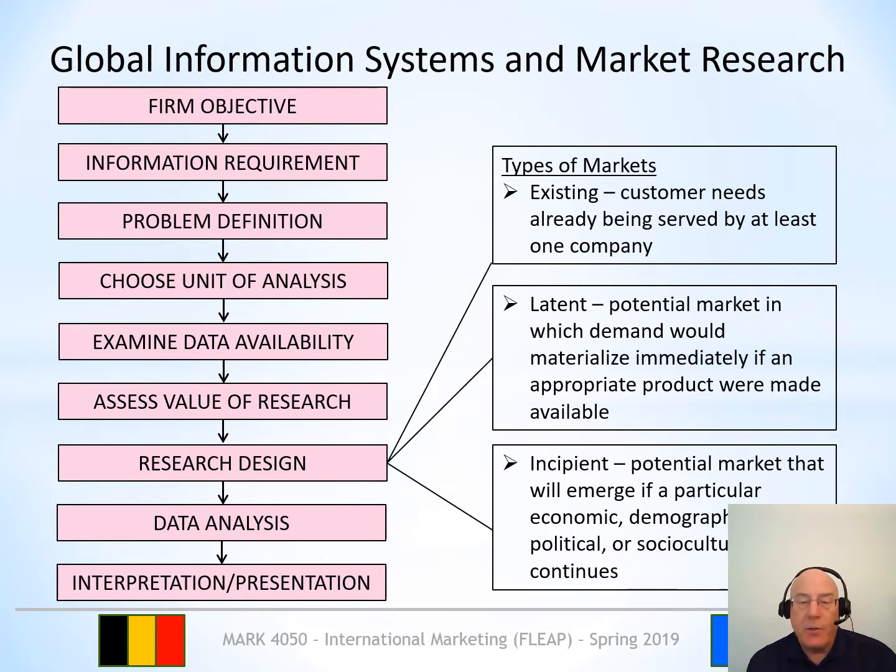And if these factors come together, we believe that there's going to be a particular market that will emerge. Research designed to capture how much people are willing to work with this type of market or will participate in it is of course much more difficult because it doesn't actually exist, and it's making a lot of assumptions about what's going to take place in order for that to come about. And of course these trends have to continue, but if they do, it's very likely that this market is going to develop.